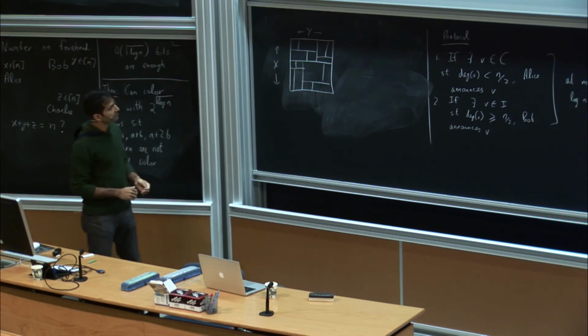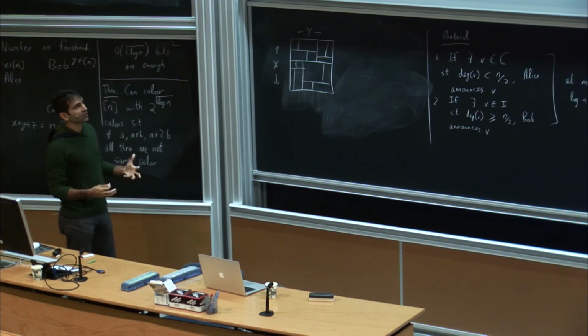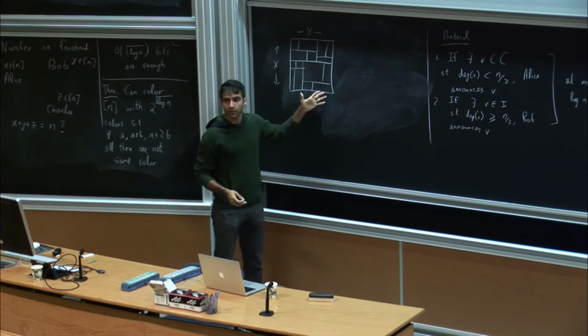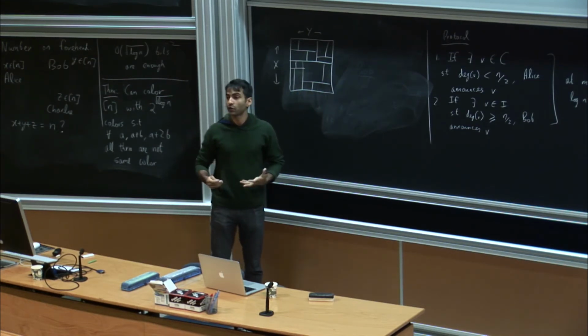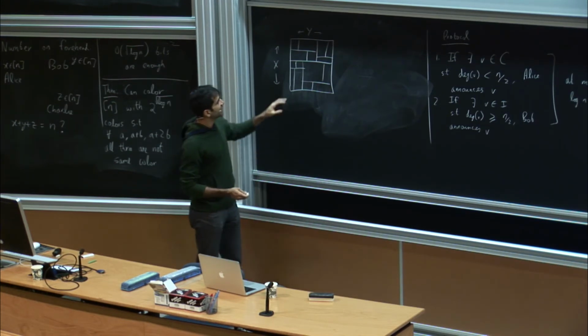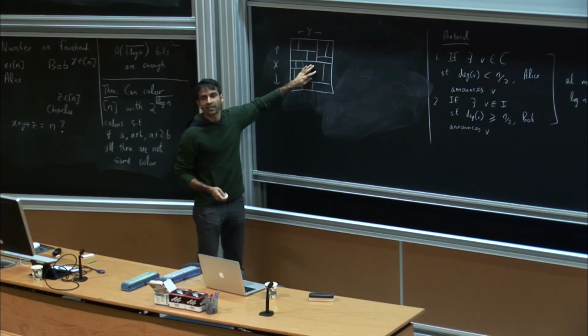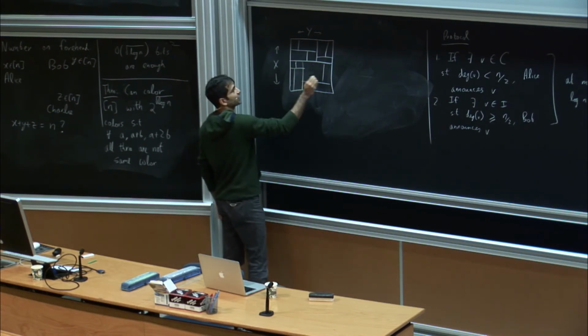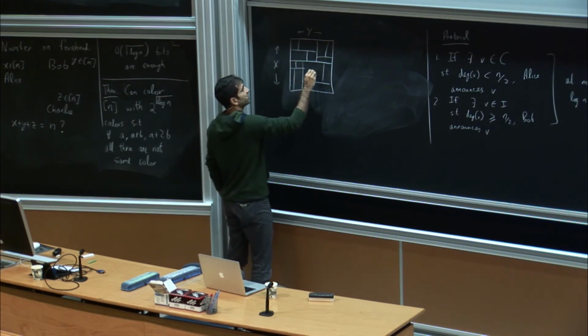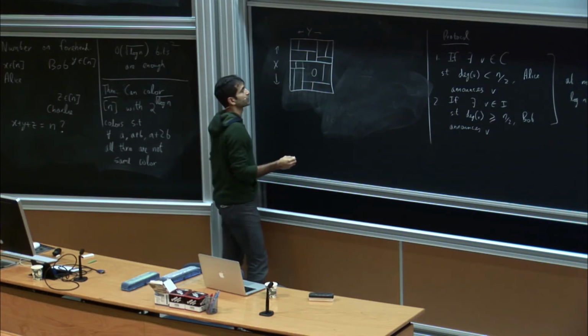And when is the protocol correct? For the protocol to be correct, it means that at the end of the protocol, the parties have to know the value of the thing they were trying to compute, which means that each one of these pieces has to be monochromatic. These are the leaves of the protocol tree, and here you must have either all zeros or all ones if the function you're computing is Boolean.